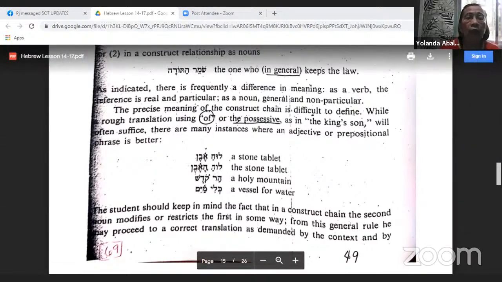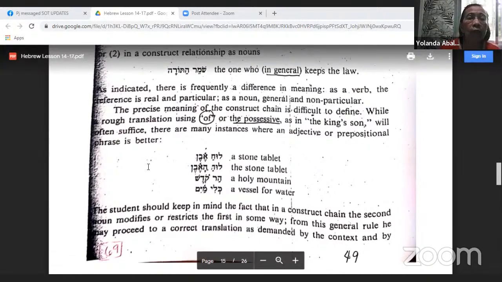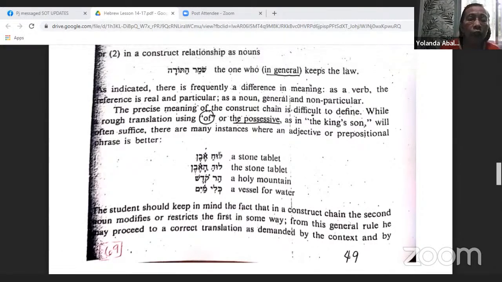All right. Then we have Luach HaEven, the stone tablet. Itong una, a stone. Alin yung a stone, even. Luach, tablet. Itong pangalawa, Luach HaEven, the tablet made of stone. Yeah.